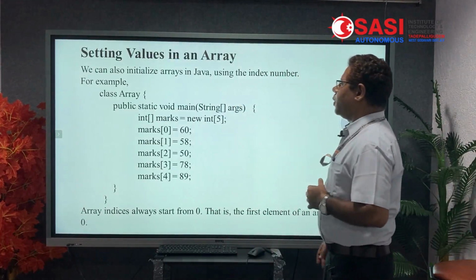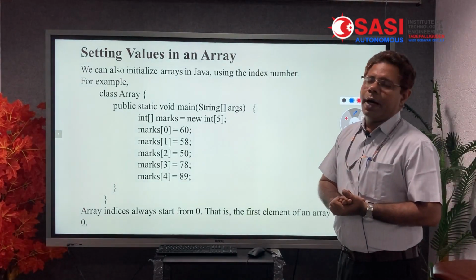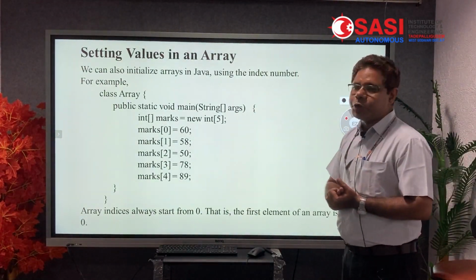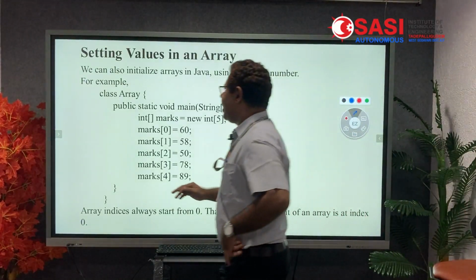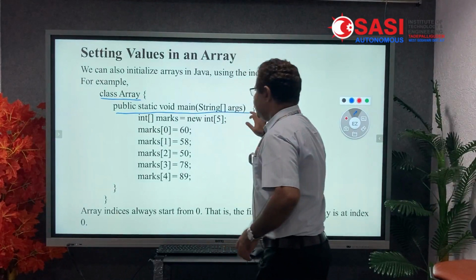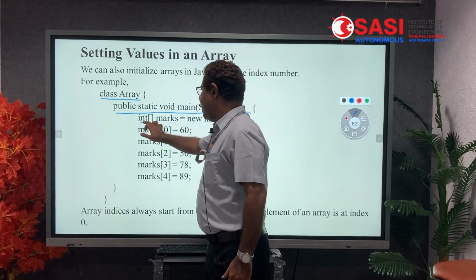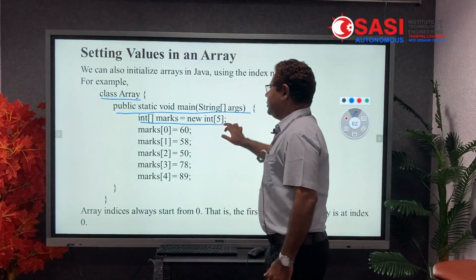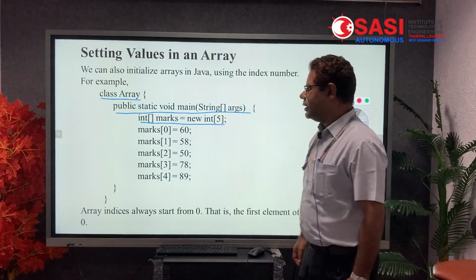So this is a small program showing how we can set values to an array. First we create a class with a main method. In this main method we declare the array and create the memory locations.